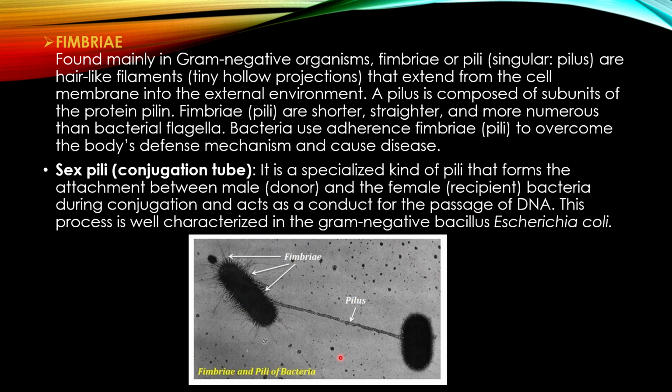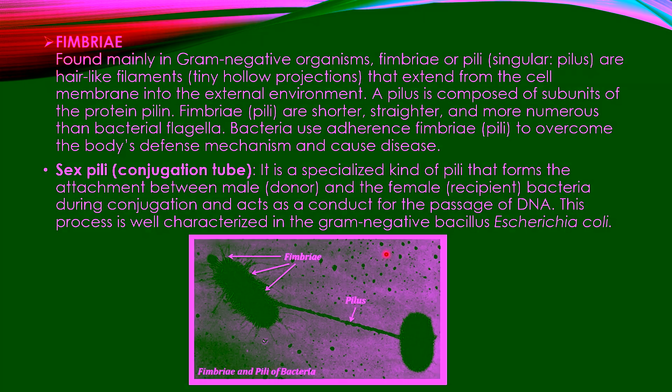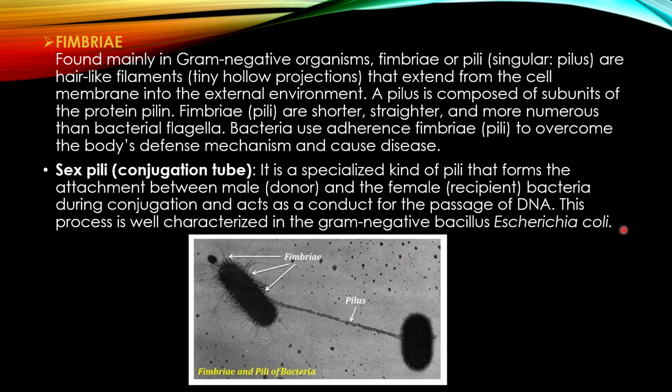As one organism comes closer, the pili will grow in size, they will attach, and the transfer of DNA will happen here during conjugation, acting as a conduit for the passage of the DNA. This process is well characterized in the gram-negative bacillus Escherichia coli. This is one example where such a process happens in Escherichia coli.